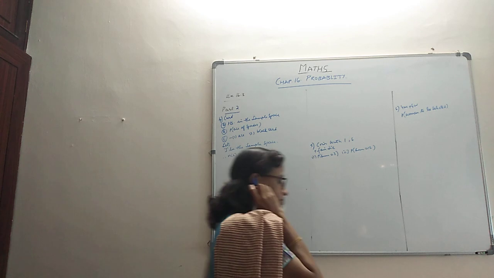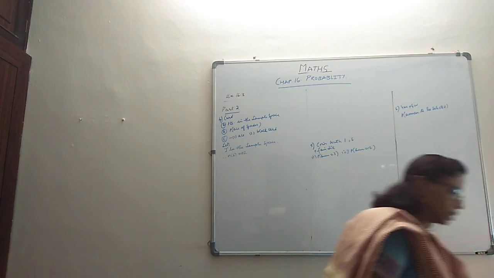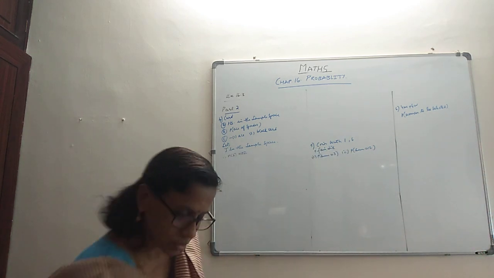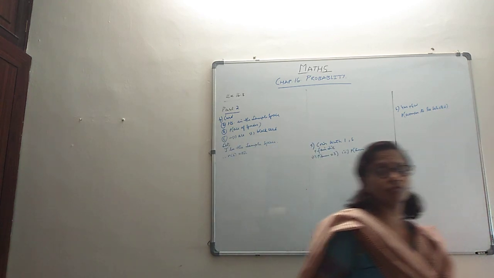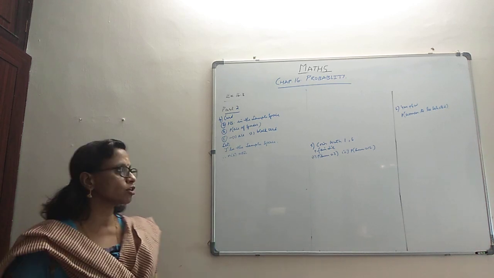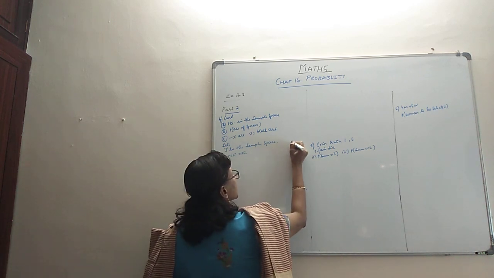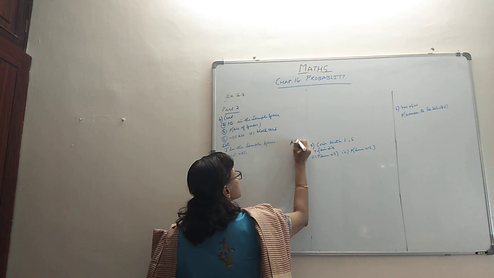Then in the B subpart, they ask us to find out what is the probability of ace of spades? Now ace of spades is this.